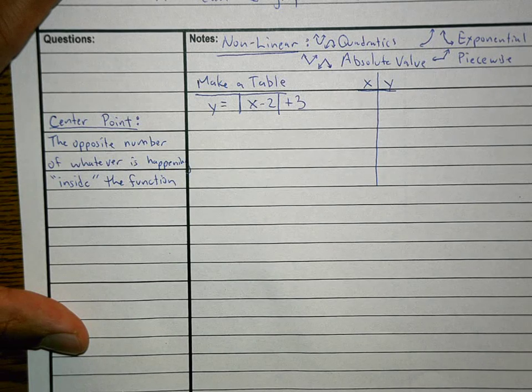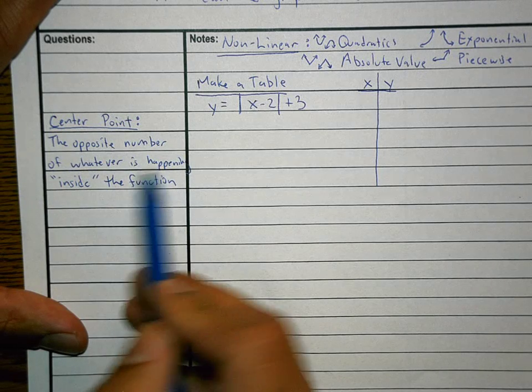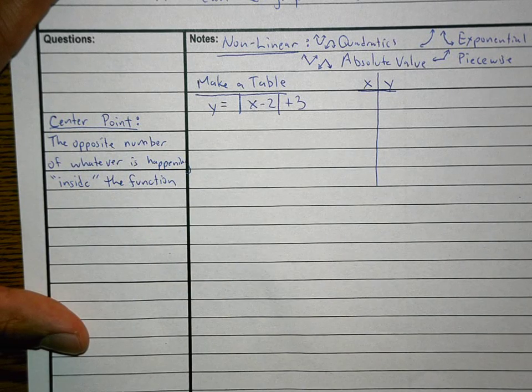My center point is the opposite number of whatever is happening inside the function.